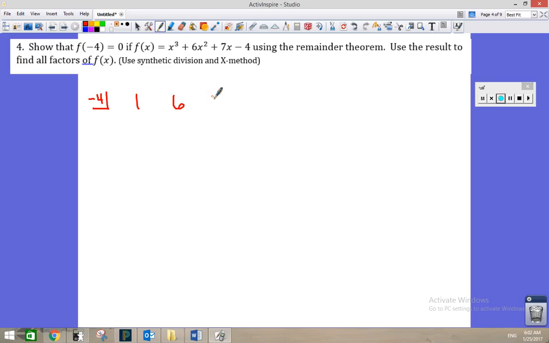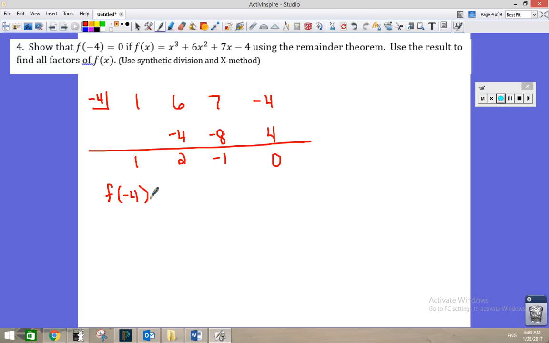If I peel off the coefficients, so f evaluated at -4 is equal to 0.